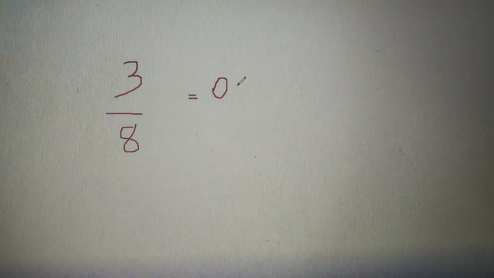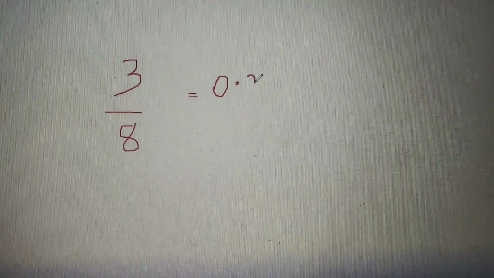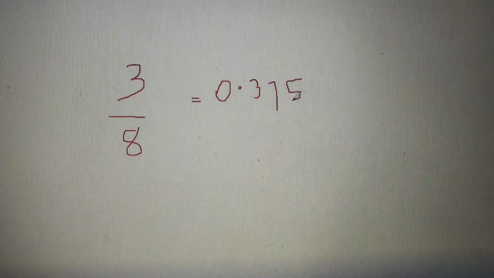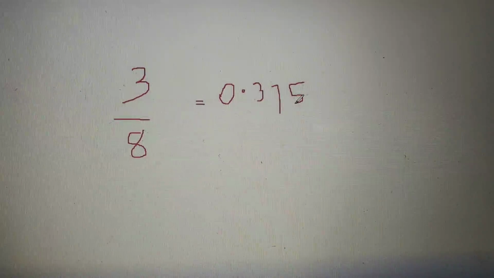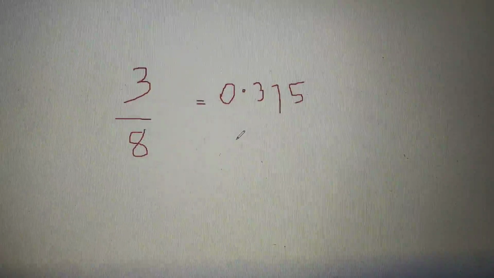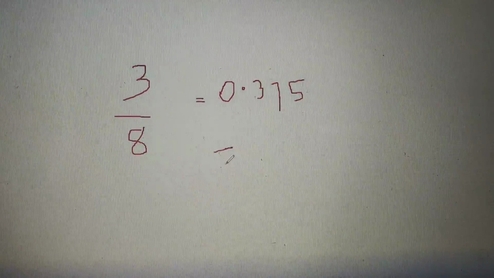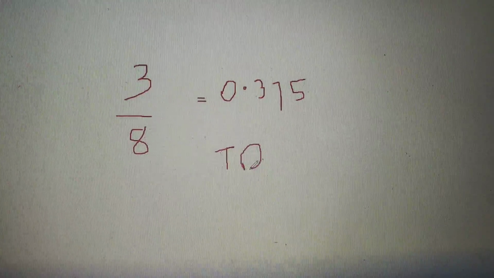We take one example as 3 by 8. Now if I divide 3 by 8, I am getting 0.375. So now can you tell me which number is this, terminating or non-terminating? Look, there is no bar over any number. That means no digits are getting repeated. That means we can say this is a terminating decimal.